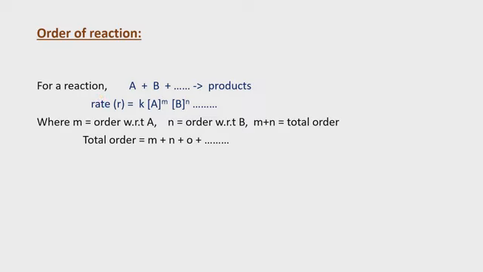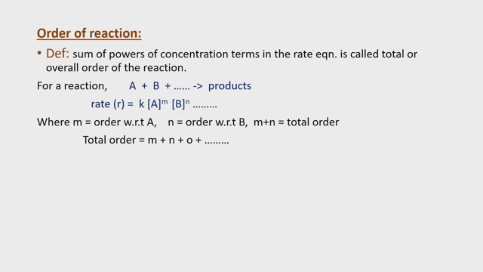So look at the definition, students. The sum of the powers of the concentration terms in the rate equation is called the total or overall order of the reaction. Okay. Next point.